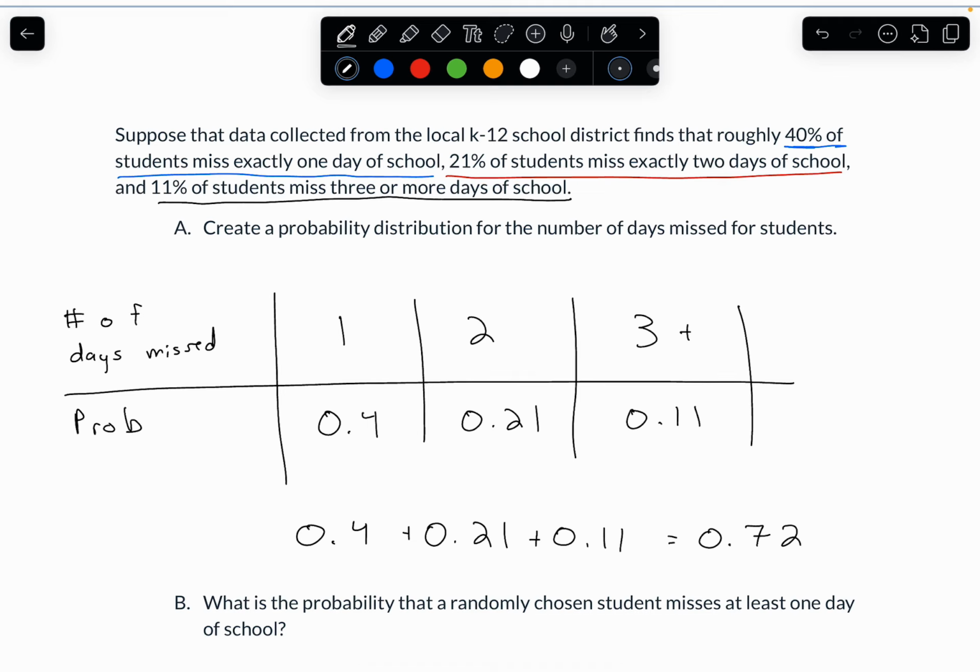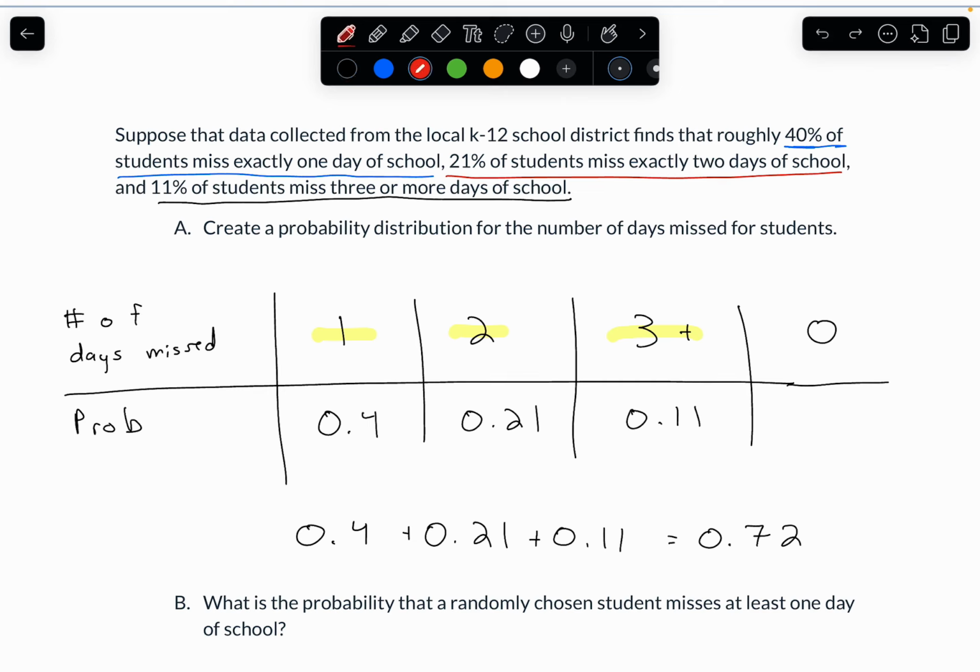If I look, I've got miss exactly 1 day of school, 2 days of school, 3 or more days of school. There is one case that I haven't talked about, and that's if I miss no school, or 0 days. So I can fill in the blank here. What's the probability that they missed exactly 0 days? Well, I know that all of these together have to add to be 1.